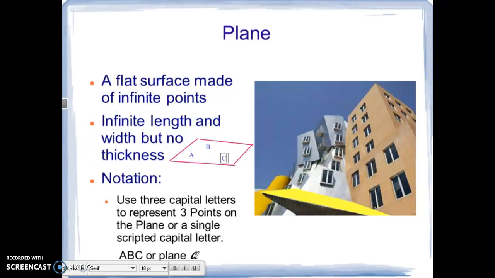So this could be plane ABC, or we could use one letter, a scripted uppercase letter Q.